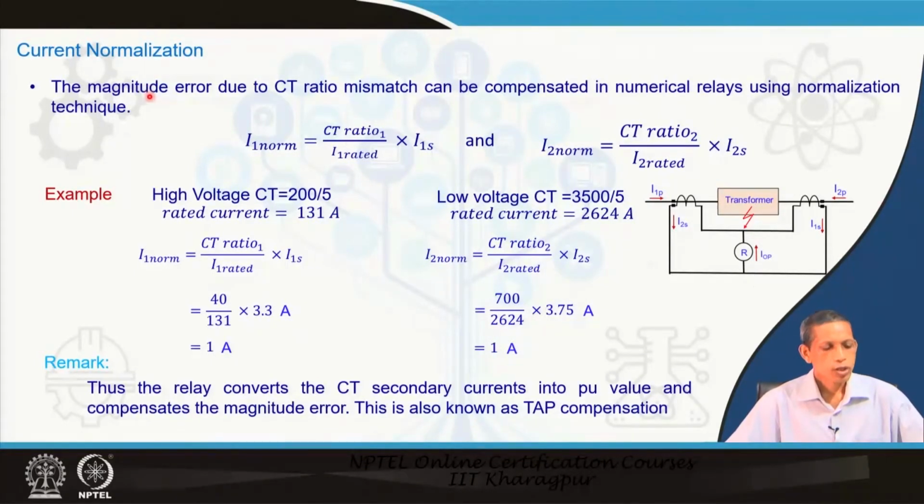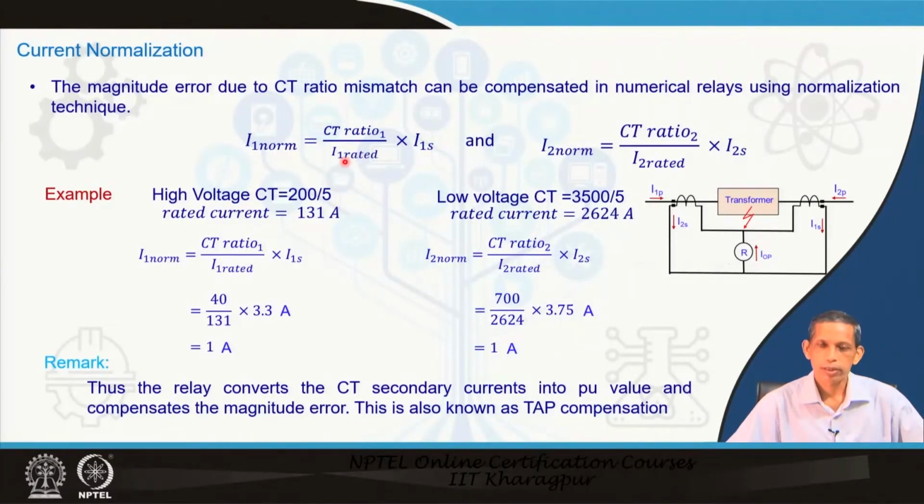So, what is done in normalization of the current? The primary side normalization becomes equal to the CT ratio of that side, CT ratio 1 on the primary side, divided by I1 rated, into I1s. The normalized current is I1s, the secondary current on the primary side of the transformer, into the CT ratio, divided by the rated current.